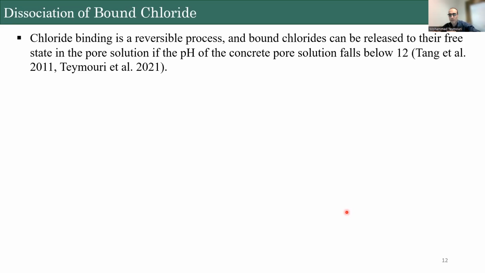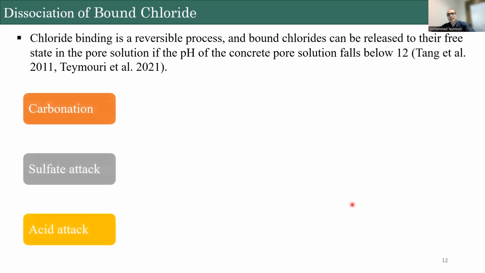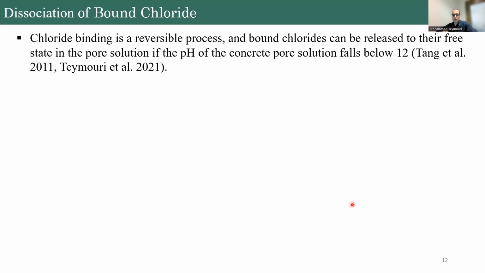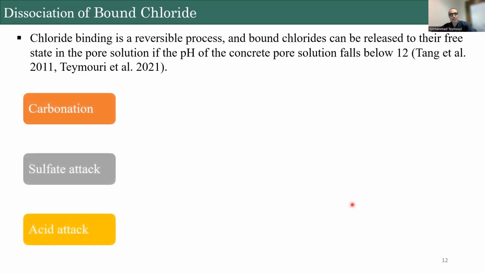So if we have a drop in the pH, which is pretty common in a real case scenario, we can see that some of this bound chloride can return to the microstructure. The first question is how we can see the drop of the pH. It's pretty common. We have carbonation almost everywhere. I will touch on carbonation, sulfate attack, and acid attack shortly.